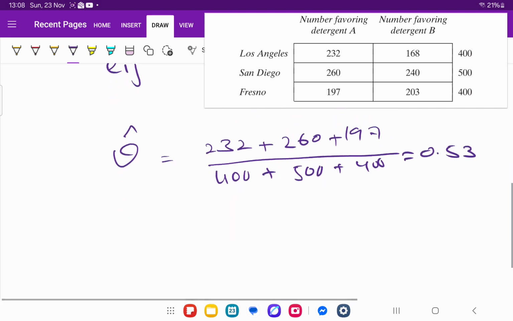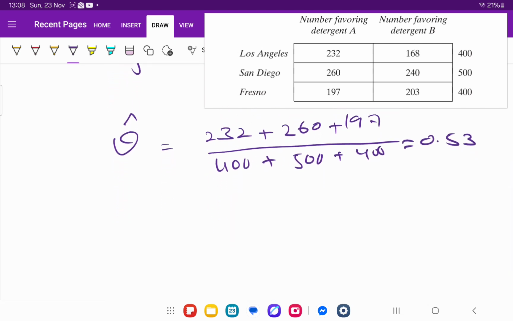So this number has been calculated, and now we are moving to calculate E11. E11 means row 1 column 1. So consider the given information as a matrix. 232 is row 1 and column 1.